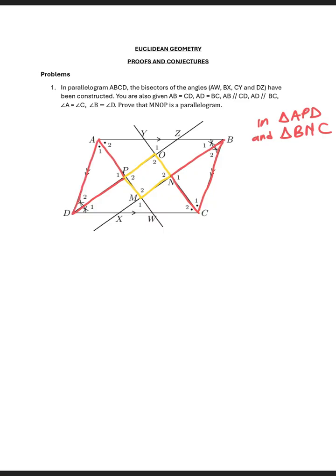We're going to analyze these two triangles. It's going to be very interesting. We are given that AB equals CD and AD equals BC. So now we're gonna start. AD equals BC. Reason: given. This one is given.